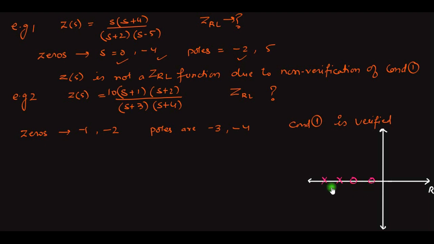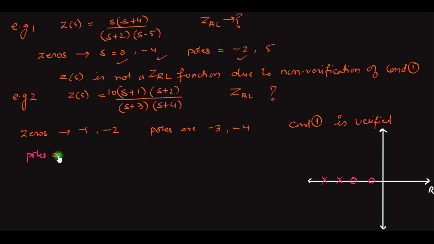As I can see from this plot, after a zero there is again a zero, and after this zero there is a pole, and after this pole there is again a pole. That means the poles and zeros are not interlacing. Hence I will say it is not verifying the condition number 2.